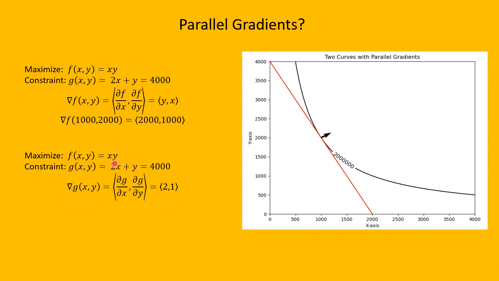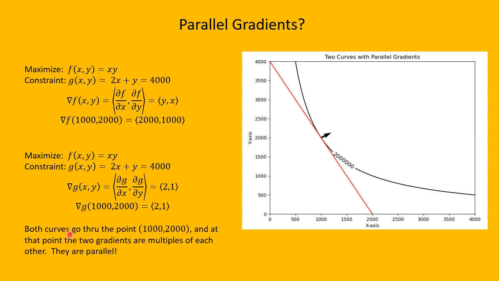Let's see, g of x y is 2x plus y. If we differentiate this with respect to x, we just get 2. If we differentiate with respect to y, we get 1. So the gradient of g is 2, 1. And if we evaluate it at the point 1000, 2000, since this doesn't depend on x and y at all, it's still just 2, 1.